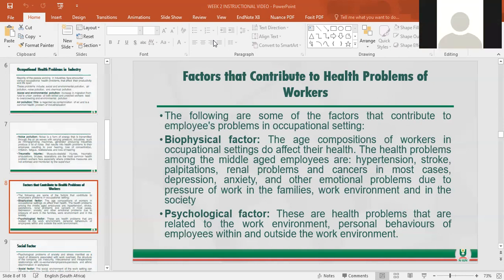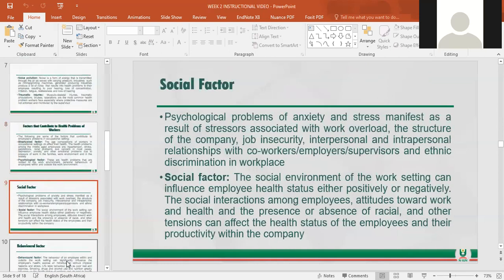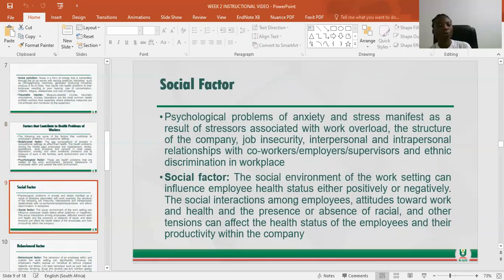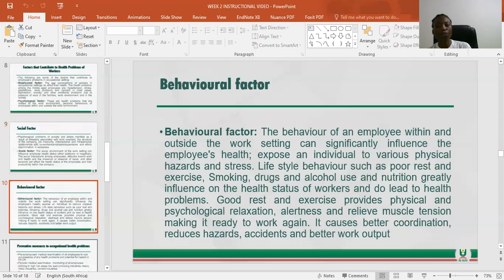We have the biophysical factors and psychological factors. Yes. Okay. We also have social factors as well as psychological factors. So we also have behavioral factors.